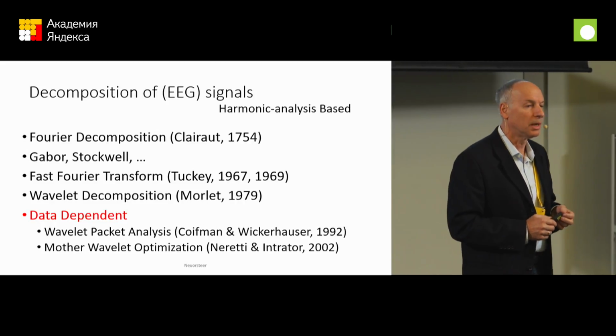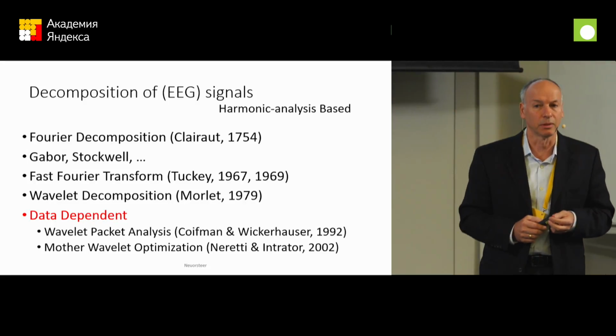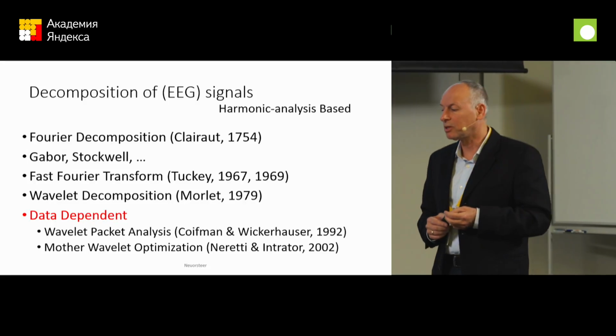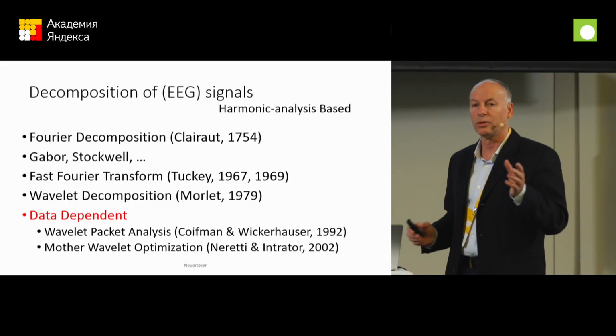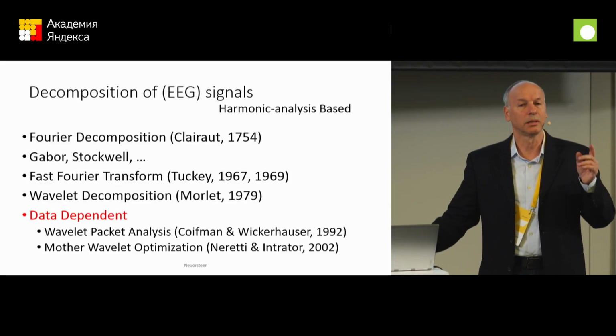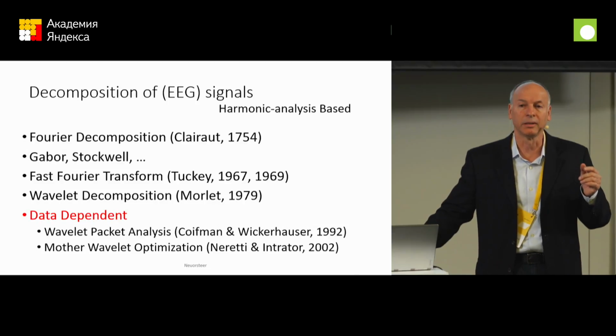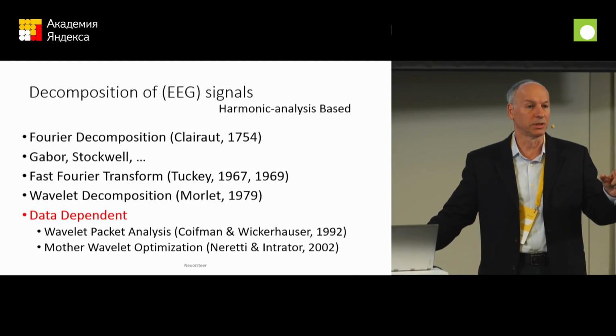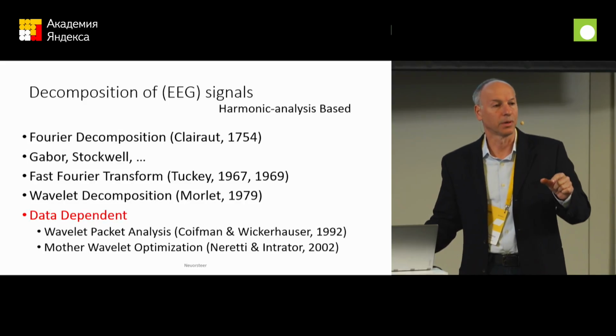After this work of Coifman and Wickerhauser, it was possible to do, in order of n log n time, a search among something like 2 to the power of n possible different decompositions of the same signal and choose the optimal one.